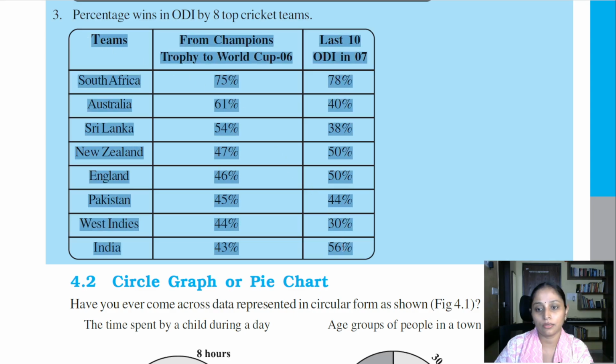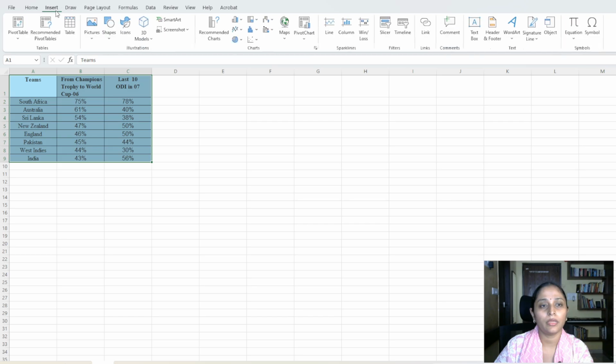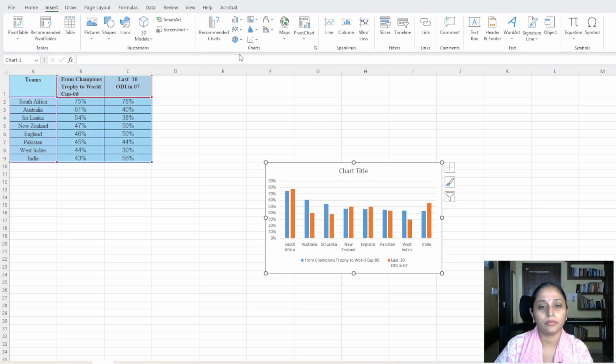So let us copy this data, and here we are going to have, so this is our data, right? And now we are going to insert a bar graph, right?